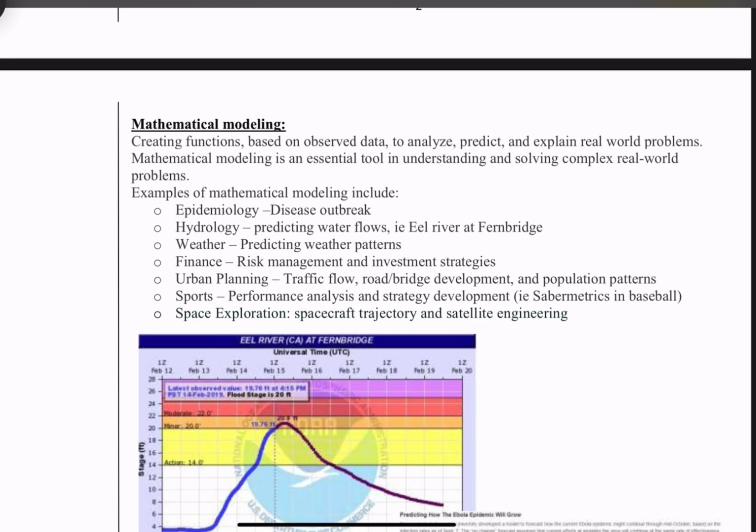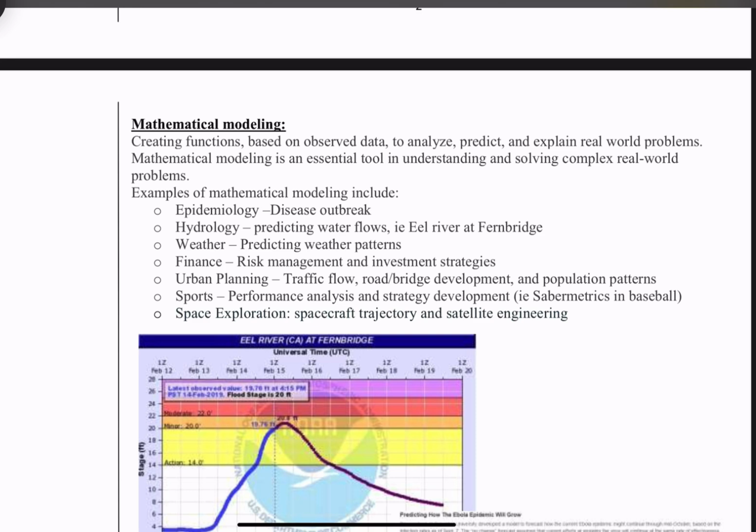What people do is they observe data over time, and they run regression analysis on it. You'll learn more about that later. And they come up with a function that best represents that set of data. And then they use that function to analyze or predict and explain what's happening around us.